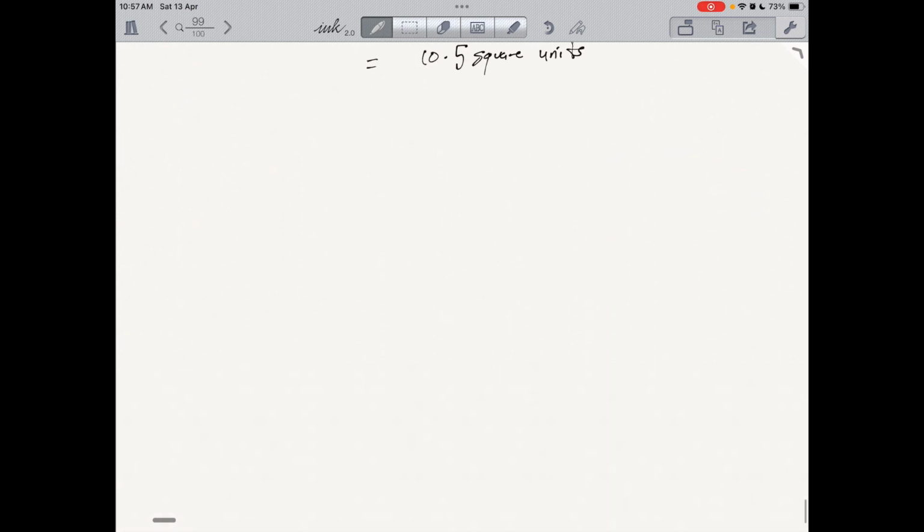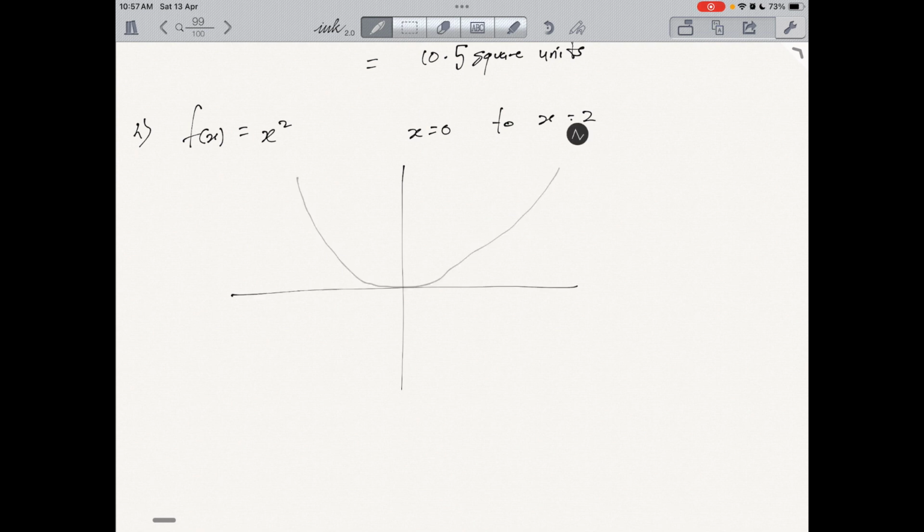If we take a look at the graph of x squared, we'll have something like this. Then we are asked to evaluate from x equals 0 to, let's say, x equals 2. So we are looking at this area.